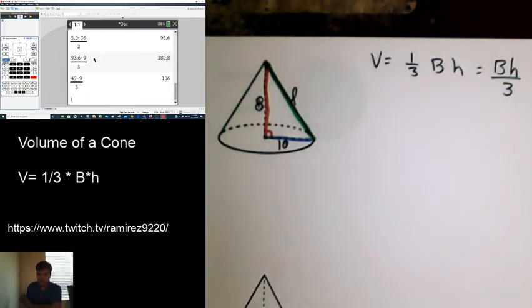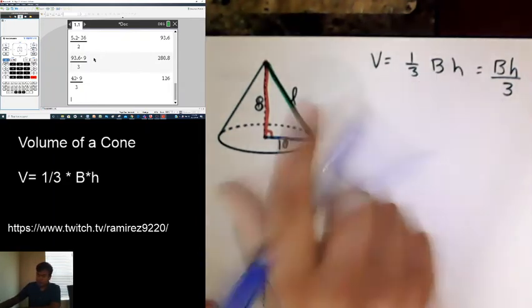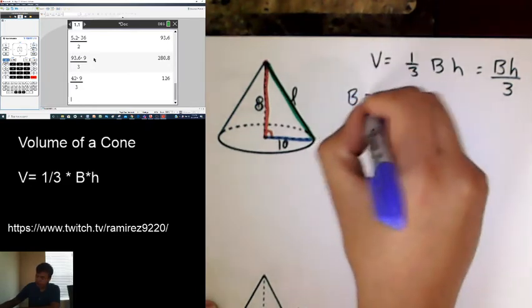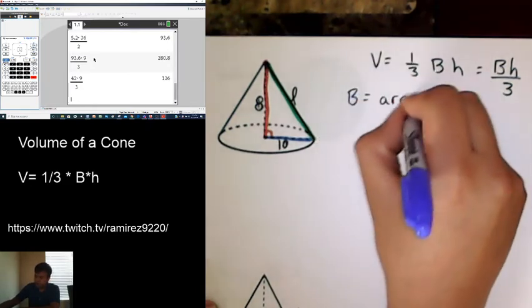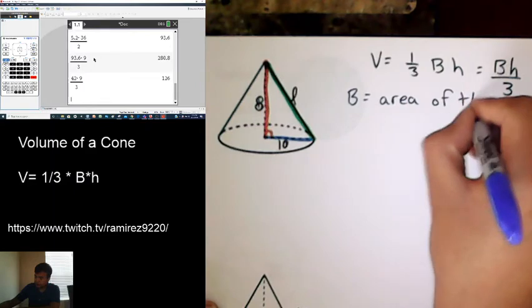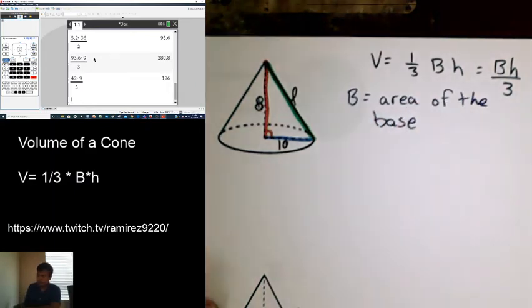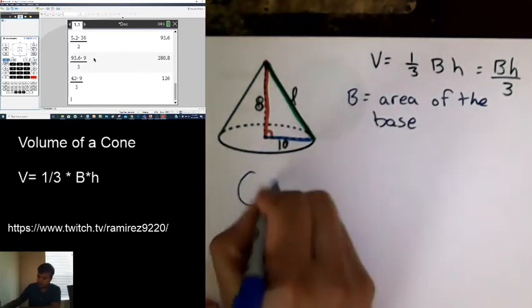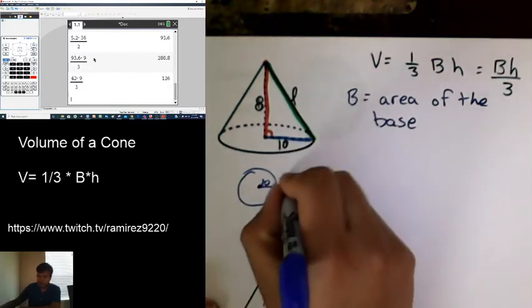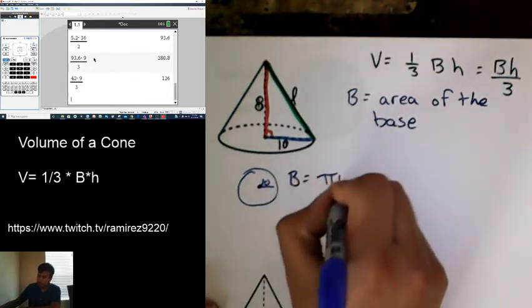So let's go ahead and do this problem. This is the straightforward problem. Big B still stands for the area of the base, but our base is a circular base. The radius is 10, so to find the area it's just pi r squared.